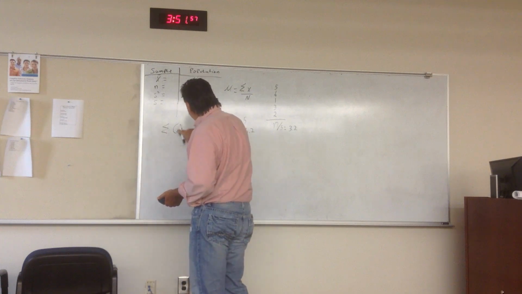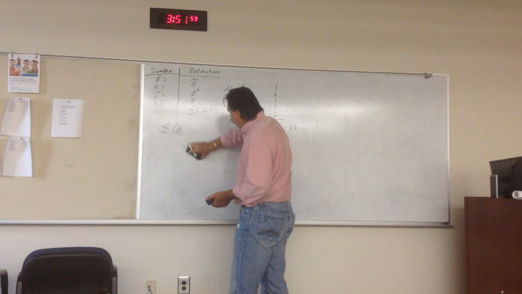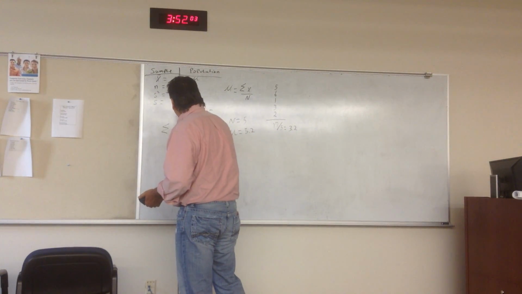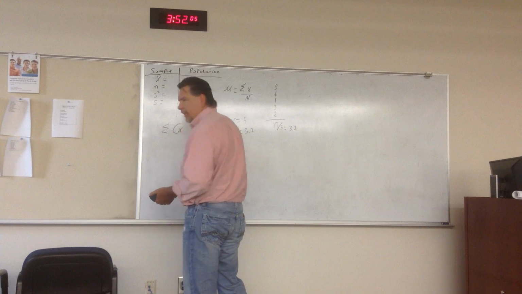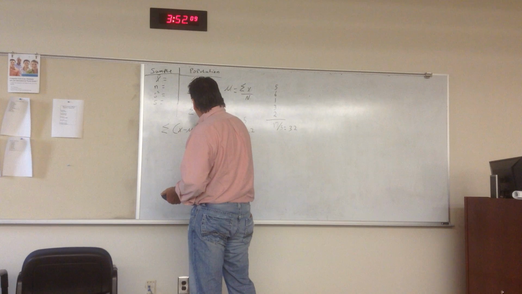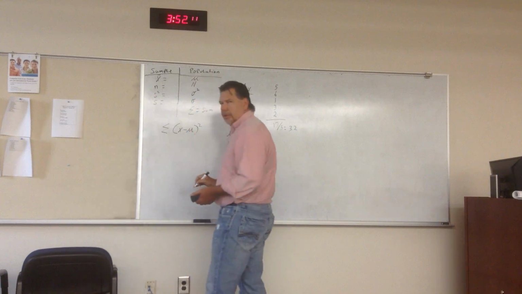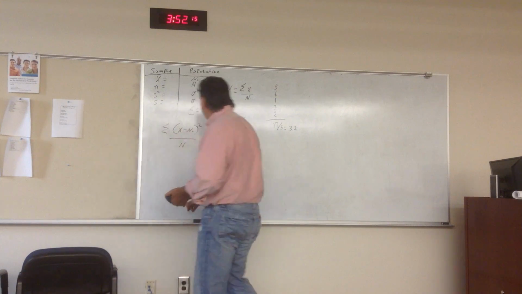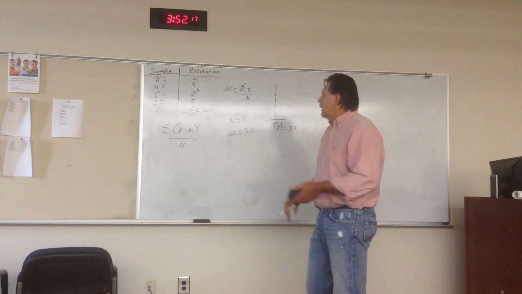I'm sorry, I keep messing this up. We got sigma, which is telling me to add all the x's up. It wants me to subtract mu, square it, and divide it by n. So that's what I need to start doing.